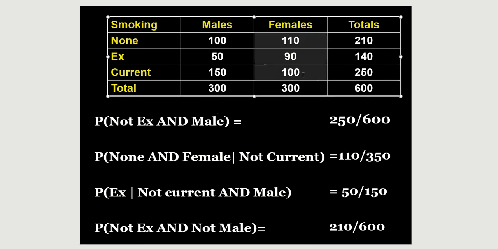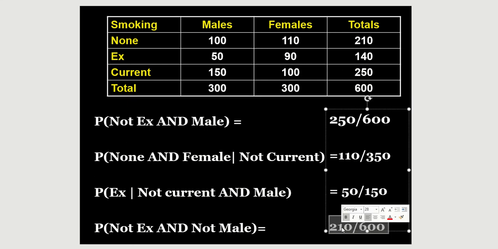So females intersecting with anything who is not an ex-smoker. So it is female intersecting with non-smoker and female intersecting with current smokers. So these two cells are my successes. So it's 210. And as I said, there's no condition, so I'm going to divide by the 600.